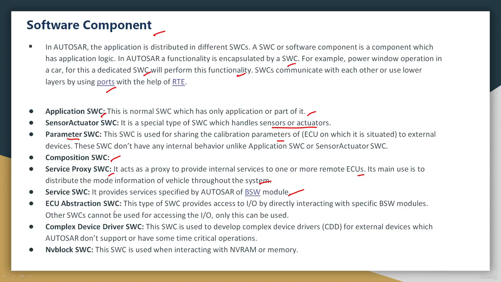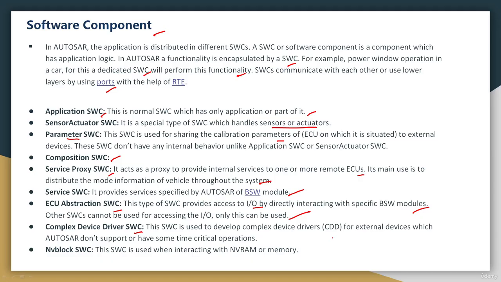Next is ECU abstraction software component. So this provides access to your input-output devices by directly interacting with certain specific BSW modules. Other software components can't be used to access this input-output. Only ECU abstraction software component can be used for this purpose. Next is CDD SWC.